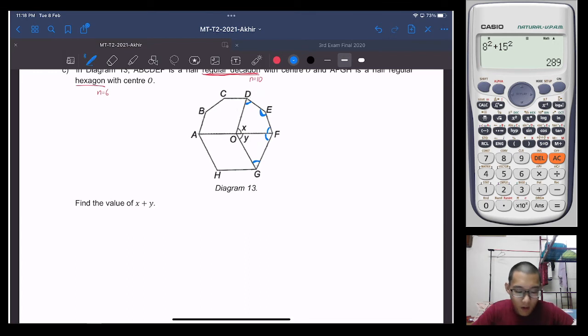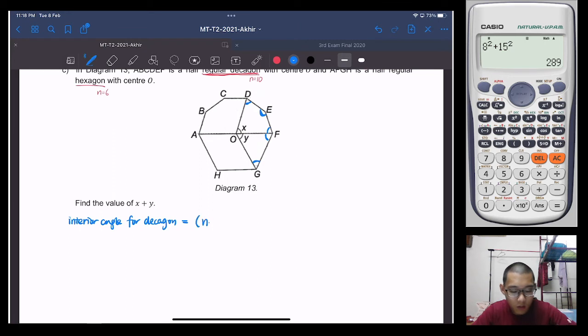Okay, so for x, because it's a regular decagon, the interior angle, you can write down interior angle, for decagon, equals what? For a decagon, normally how many triangles do we have? We have 8, right? 8 triangles.